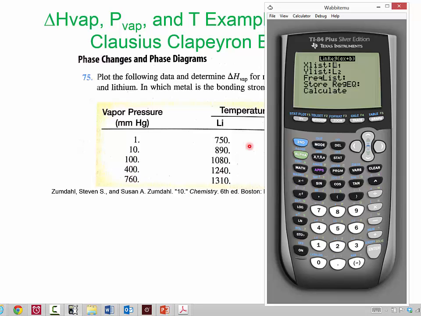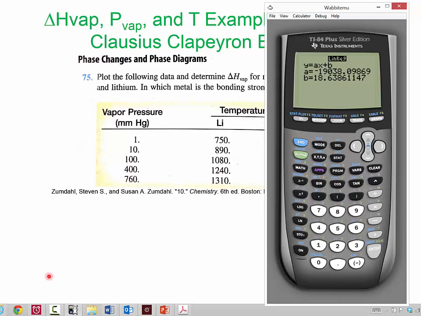So again, you have to make sure that L1 and L2 are correct. If you're getting these wrong and you don't know why, double check that your lists are defined correctly. Ours are defined correctly. So I'm going to go down to calculate and hit enter. And there's our slope. I'm going to write this down and set it equal to negative enthalpy of vaporization over R.